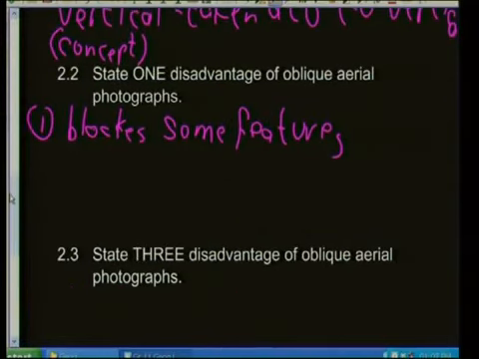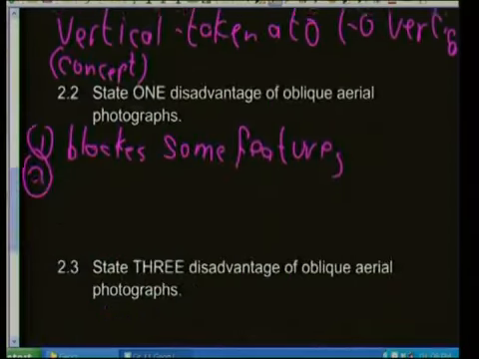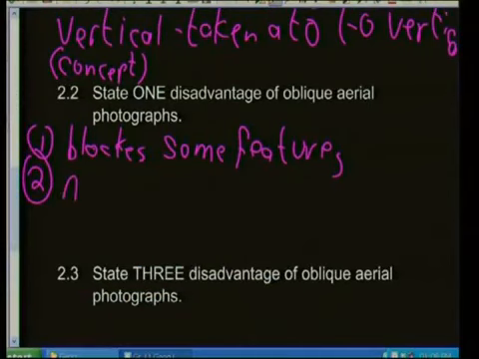It blocks some features, and also you can't really judge the height. It's not accurate. The shape may not be accurate because of the angle, and features nearby may look bigger. Like we take back here, certain things nearby may look bigger than certain things at the back there. It's not accurate.